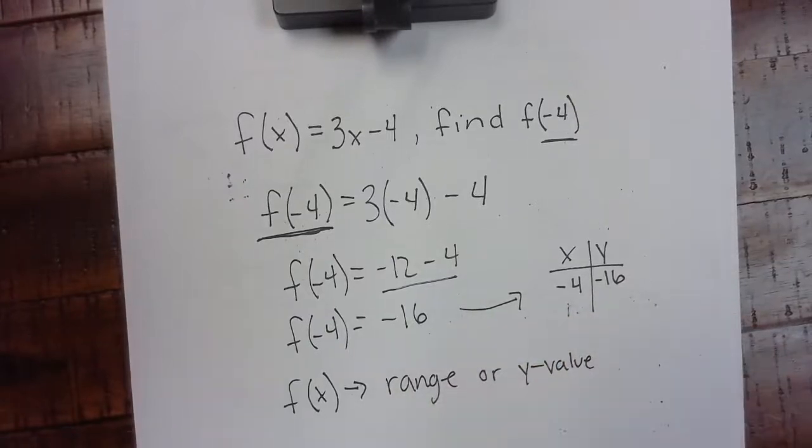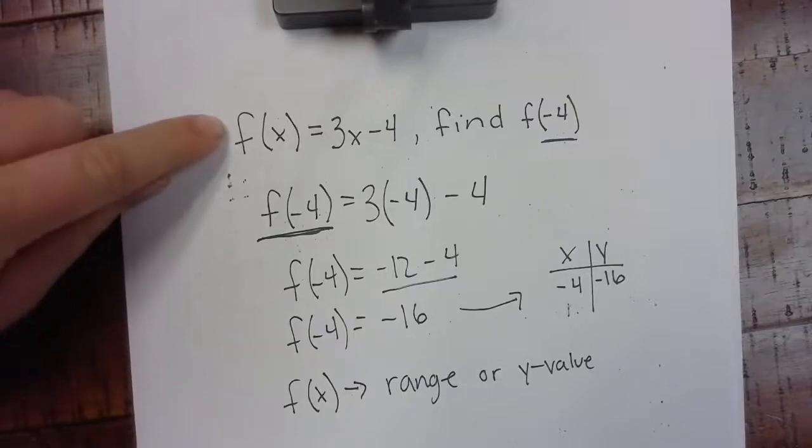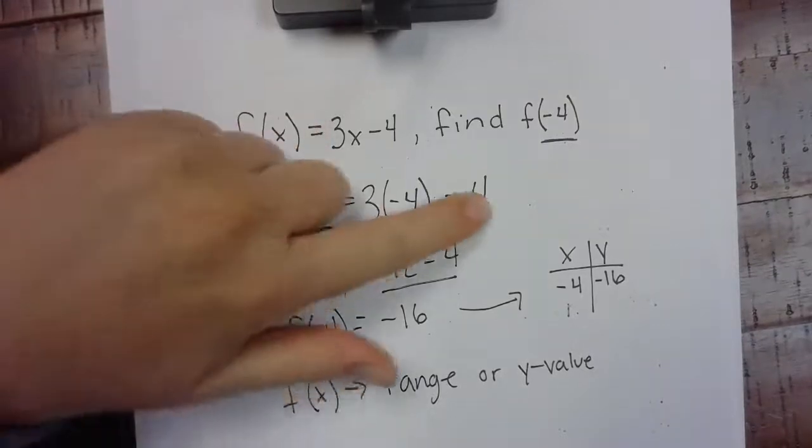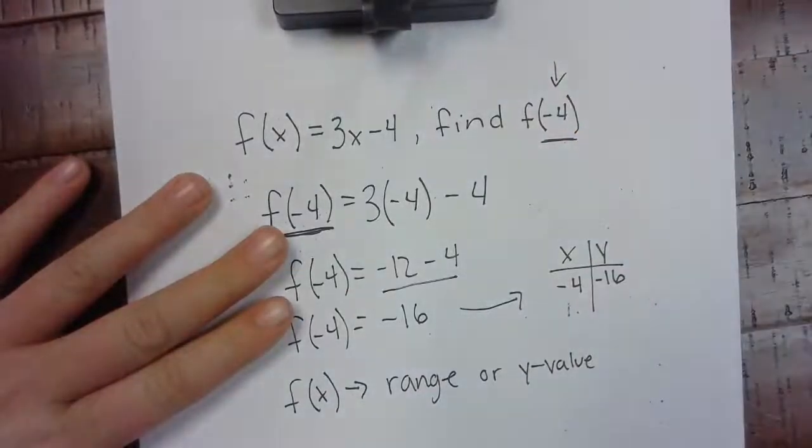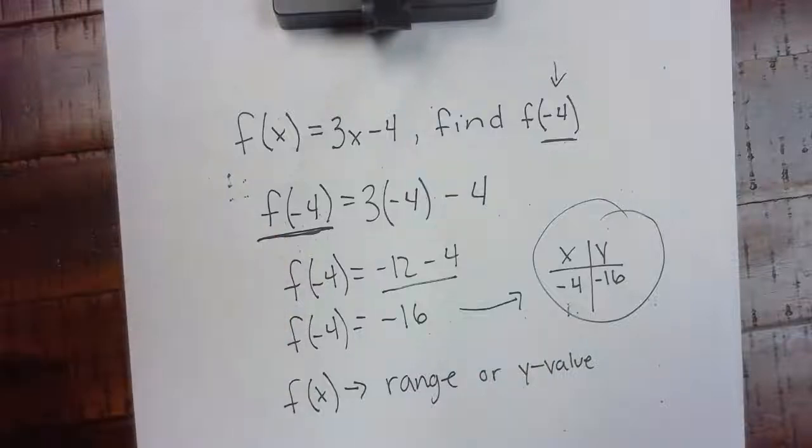So if you're thinking in terms of x and y, f of x is just y. So it's basically saying y equals this. We're trying to figure out y, because we put that in for x. So that's what you get right here. That is a relation. So that is a function. That works.